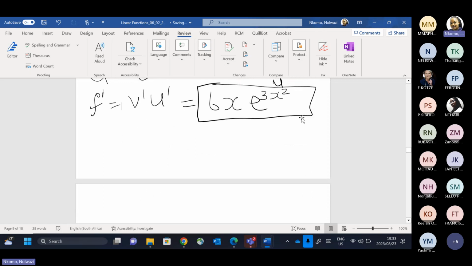Okay. I said another derivative function was y is equal to ln x. If you have a function like this, the derivative would be y prime is equal to 1 over x.